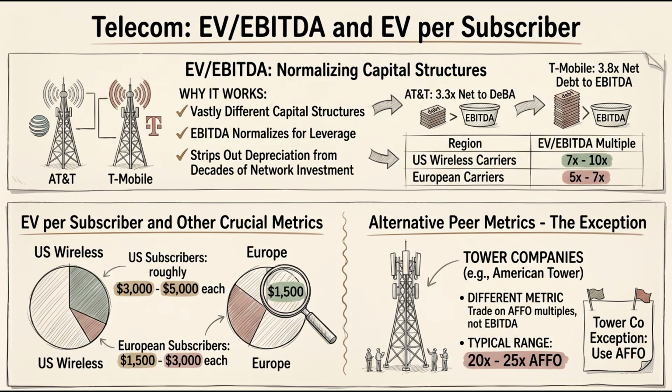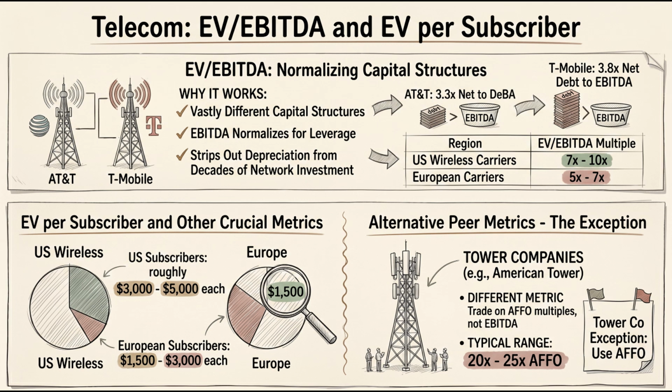In the telecom sector, analysts use enterprise value to EBITDA and enterprise value per subscriber. U.S. wireless carriers trade on EBITDA multiples because they have vastly different capital structures. For instance, AT&T has a 3.3 times net debt to EBITDA ratio, while T-Mobile sits at 3.8 times.